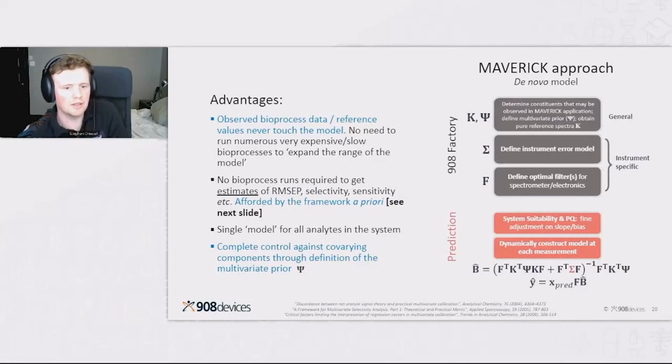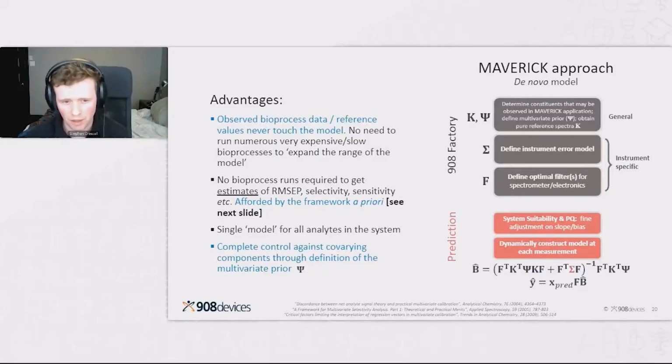And then a single model for all analytes in the system. We actually just build one model at every step, or every frame of data we get. If you use PLS or PCR, it's not uncommon for people to build one model for one analyte, another for another analyte, and then keep doing that. You end up with a spaghetti framework of models that gets really complicated and should be yelling at the person developing it that this is probably not the right way to go.